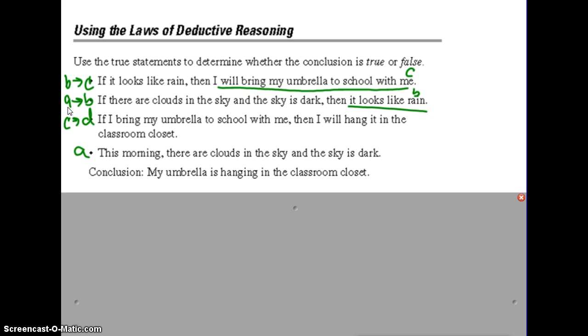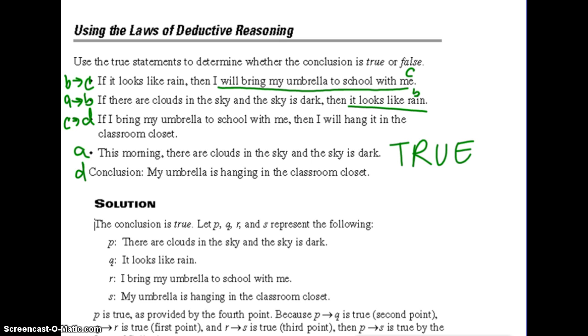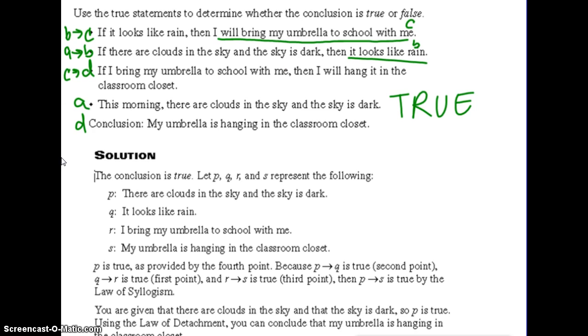So we have that A implies B implies C implies D, and my conclusion is D. So this is a true statement. Since there are clouds in the sky and the sky is dark, this is going to be a true statement. It means I have to have my umbrella in that classroom closet based on the following information.